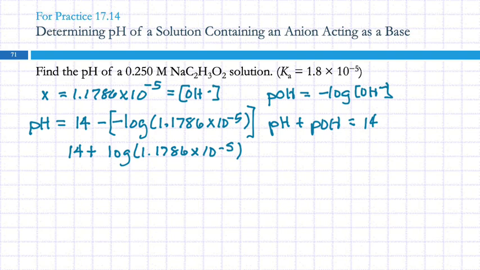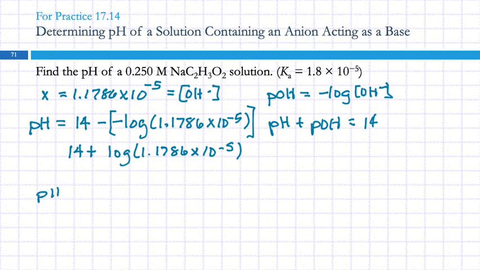I don't want to confuse you, so I'm just going to do this once. I've got the hydroxide ion concentration, and I need the pH. The fast way to do this is, I've got my concentration in my calculator, 1.1786 times 10 to the minus 5. I am going to take the log of that, not the negative log, which gives me a negative number, which is negative pOH, and I'm going to add that to 14.